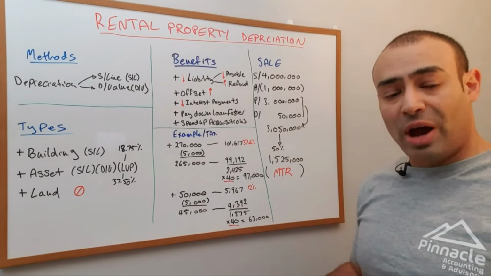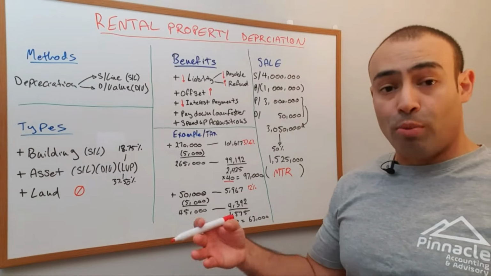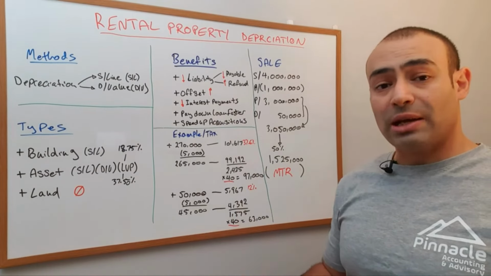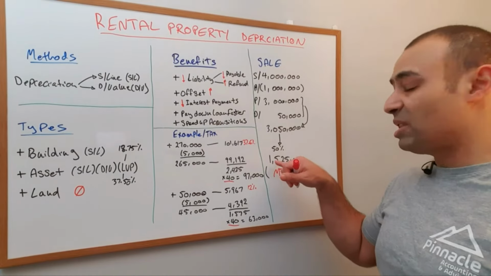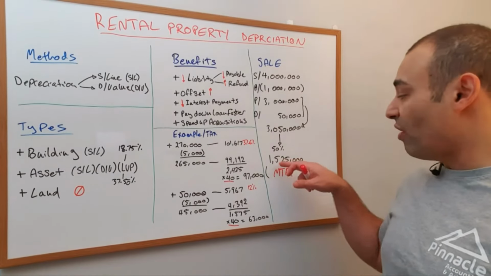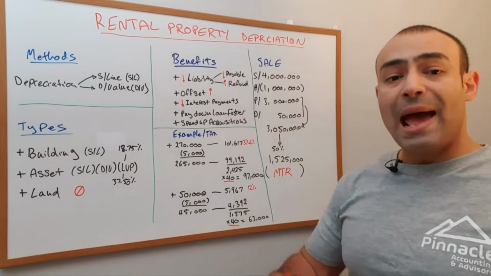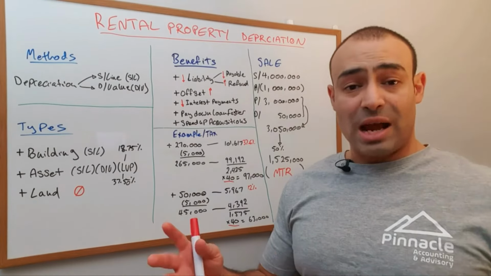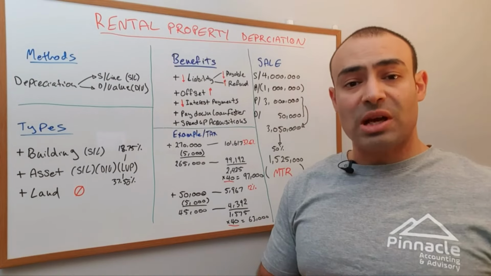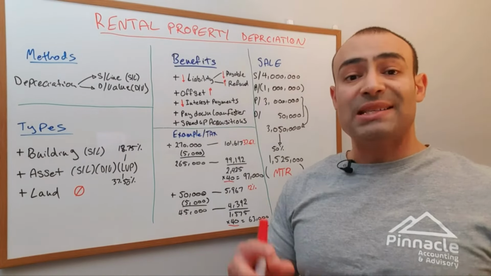But because we've held it for 12 months or more, we get the 50% capital gains tax discount, which ultimately means we're going to be taxed on $1,525,000 at our marginal tax rate. This example and this video assumes that the person who's holding the property is an individual.